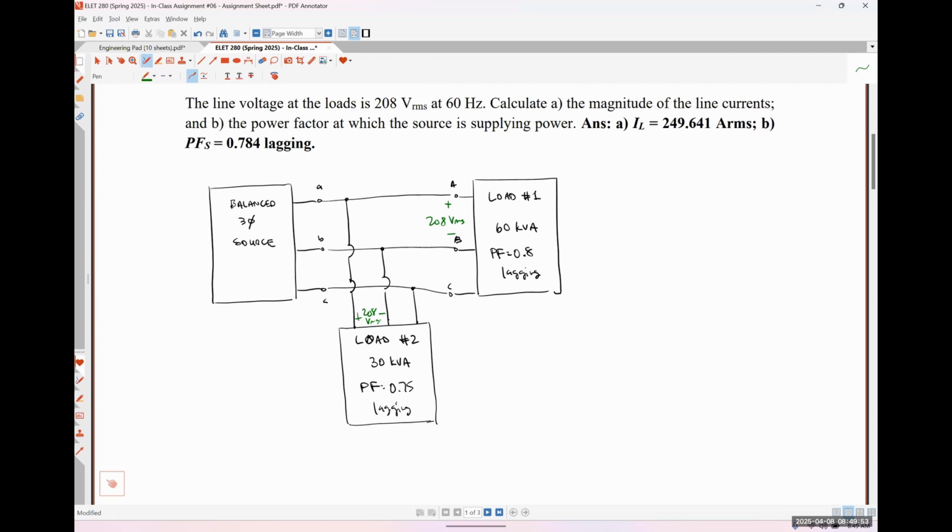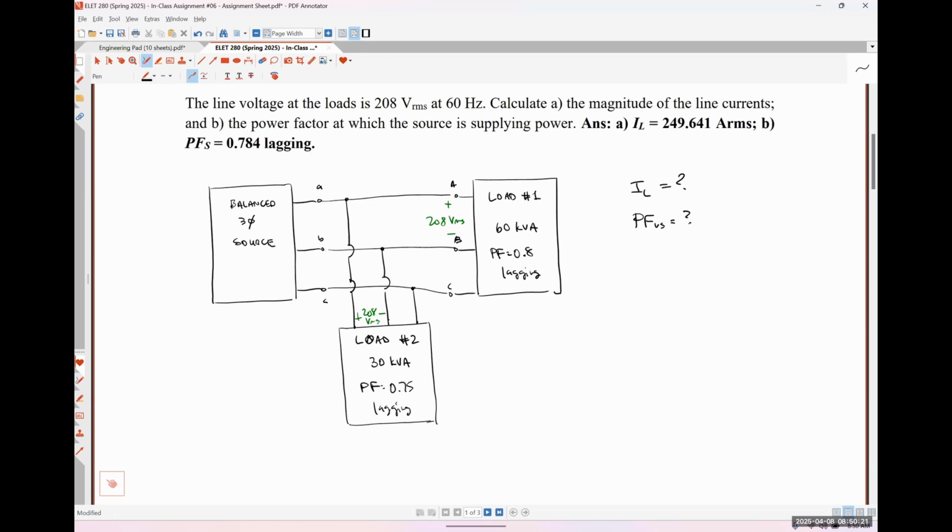Okay. We are asked to determine the magnitude of the line currents, so we want to know what IL is, and we want to know the power factor at which the voltage source is supplying power.